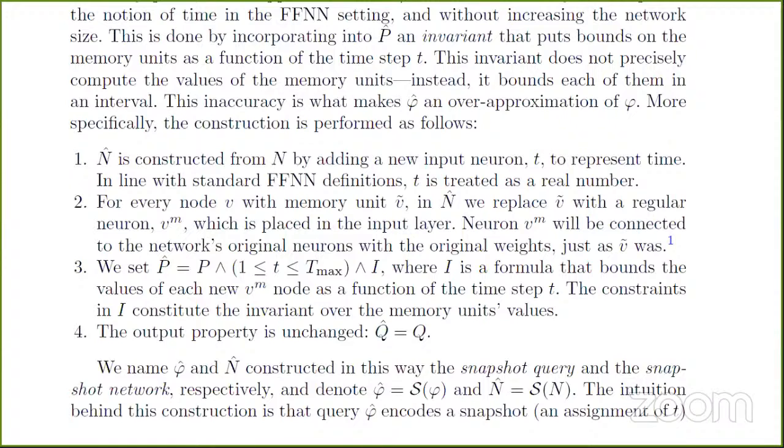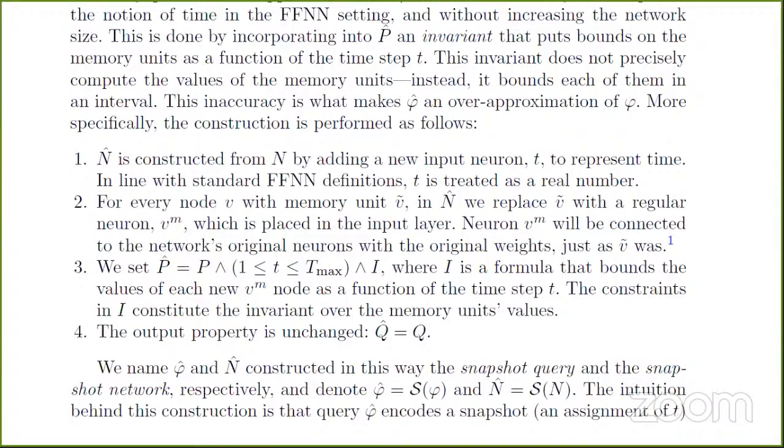Your P continues to constrain the original input neurons. The second constraint constrains the T neuron, the one that you added in the first point. And then there is this formula I which bounds the value of the memory neurons. What this formula I is and what it looks like, we'll see later.